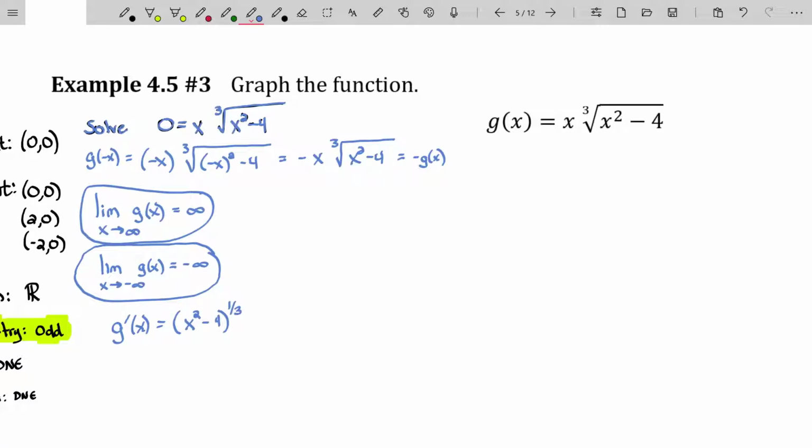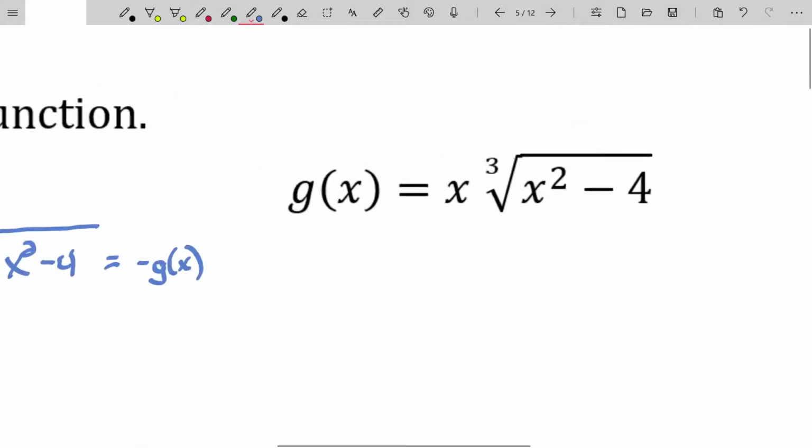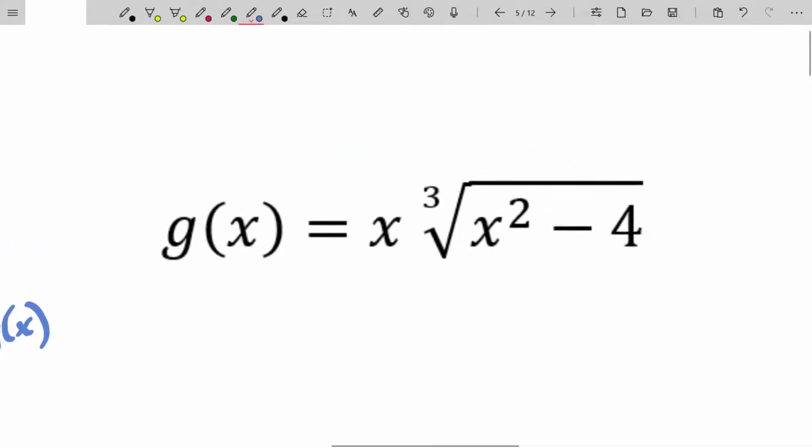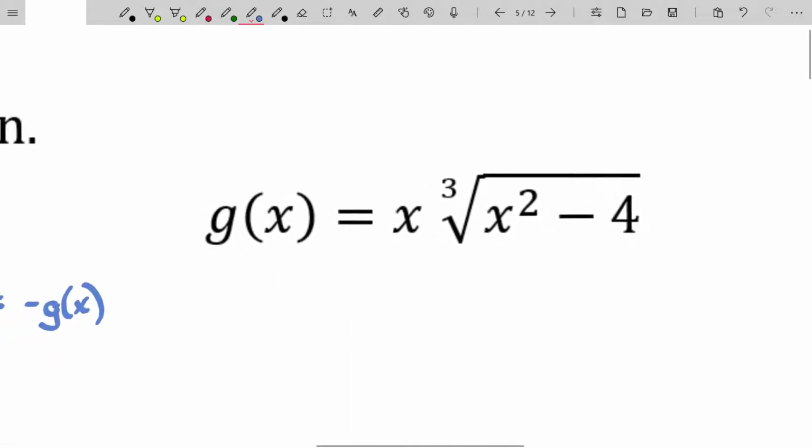But we have the quantity, derivative of x, which is 1, times the quantity of x squared minus 4 to the 1/3, plus x times the derivative of x squared minus 4 to the 1/3 power, which is 1/3, times x squared minus 4 to the negative 2/3 power, times 2x. And we want to ask ourselves, where does that derivative not exist and where does that derivative become 0? Remember, you want to find the critical numbers of g, and that's where the first derivative does not exist or where the first derivative becomes 0.